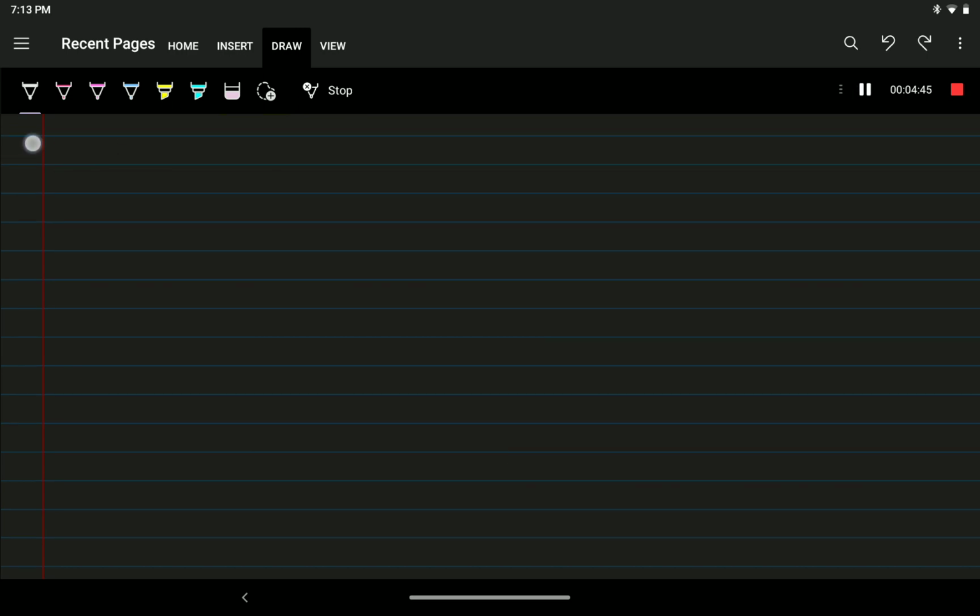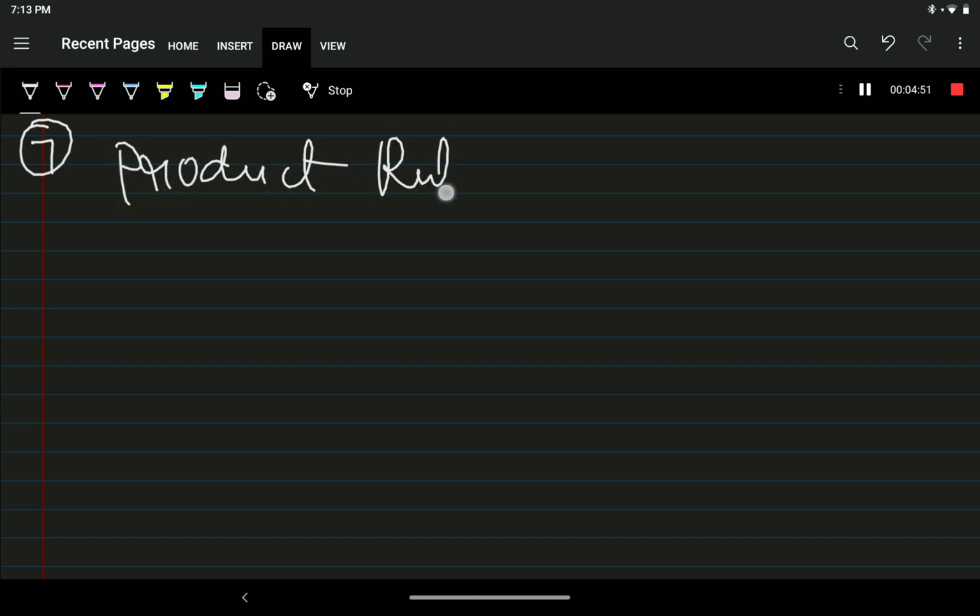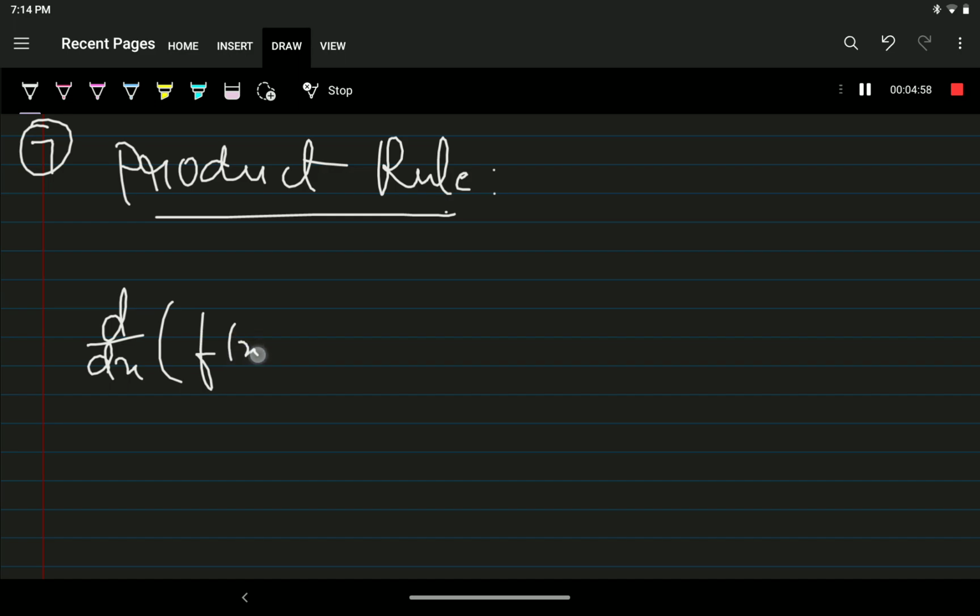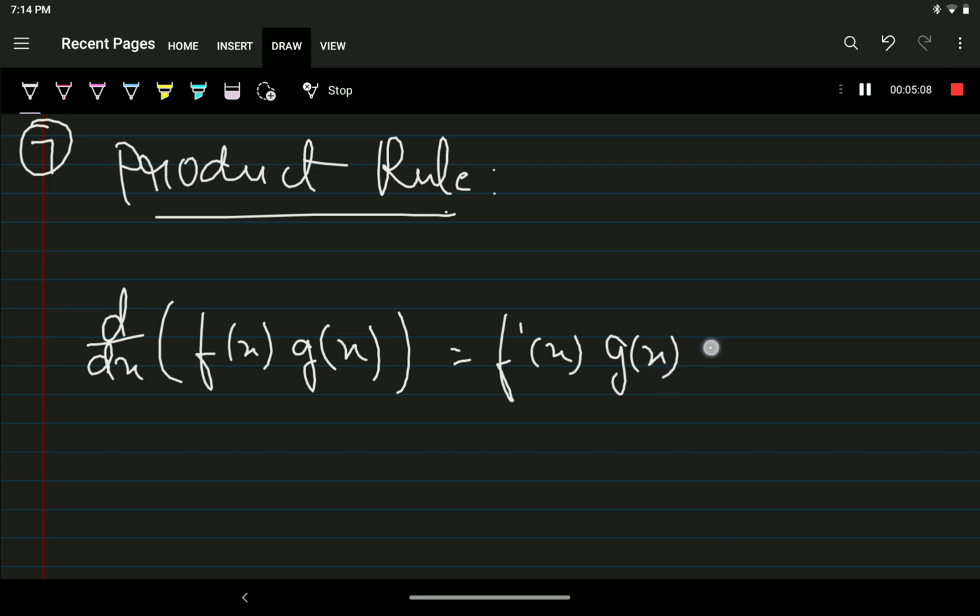Next there are some rules like the product rule. Product rule means d/dx of function f(x) into g(x) is written as f dash x into g(x) plus f(x) into g dash x.